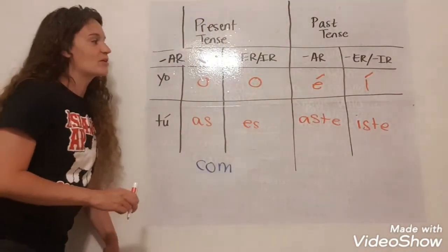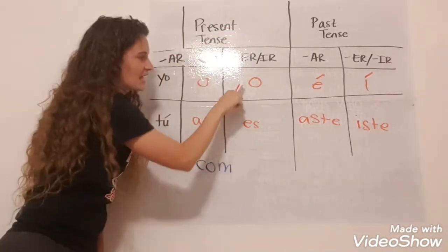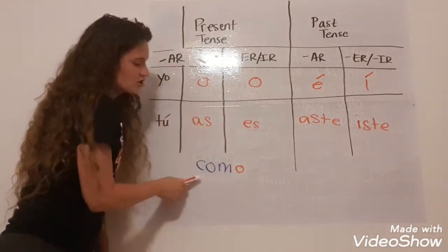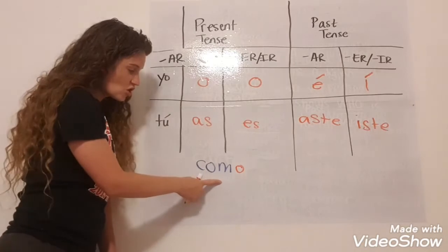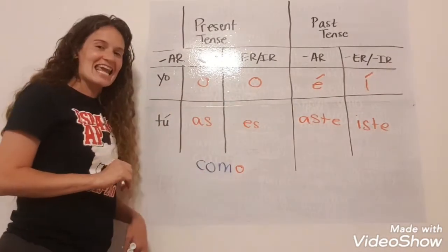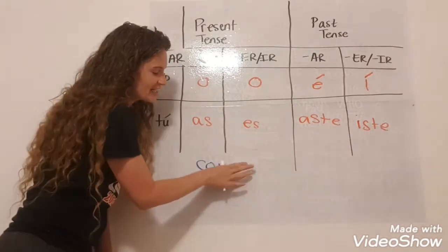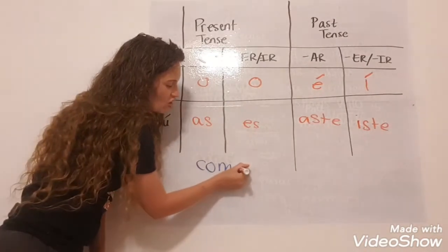So the first one I'm going to do is yo, present tense. That's an O. So the word como means yo, comer, I eat. Como means I eat.